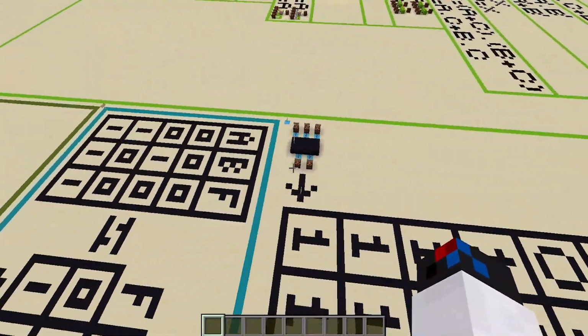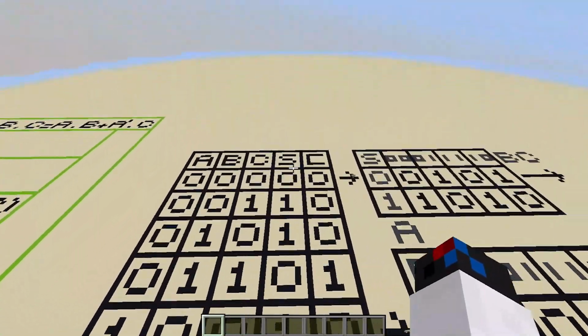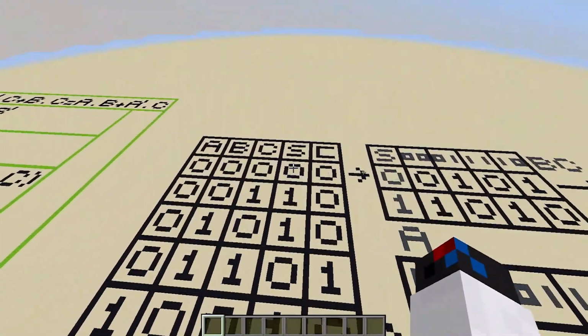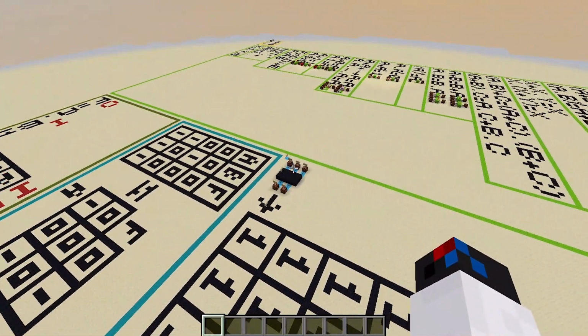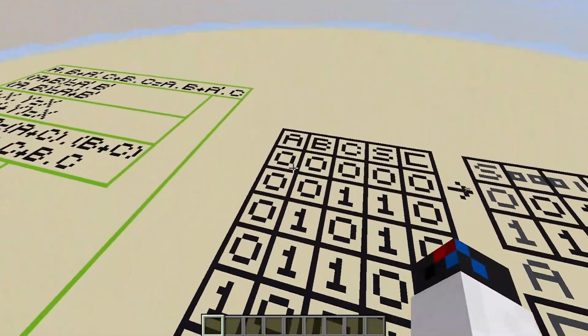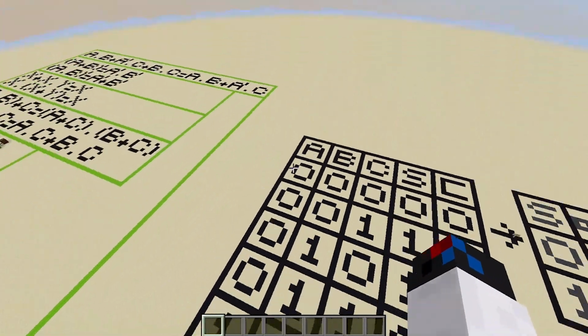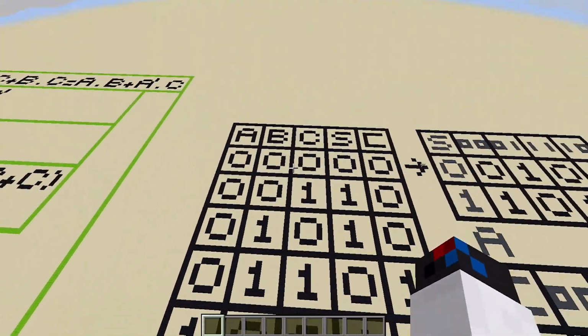As you can see, we have two outputs, so we have two functions in our truth table, and since we have three input bits, the A bit, B bit, and also the carry-in bit, we have three columns for the inputs of the truth table.